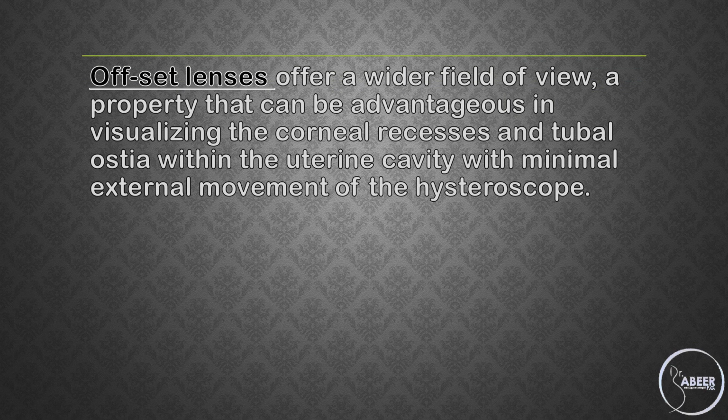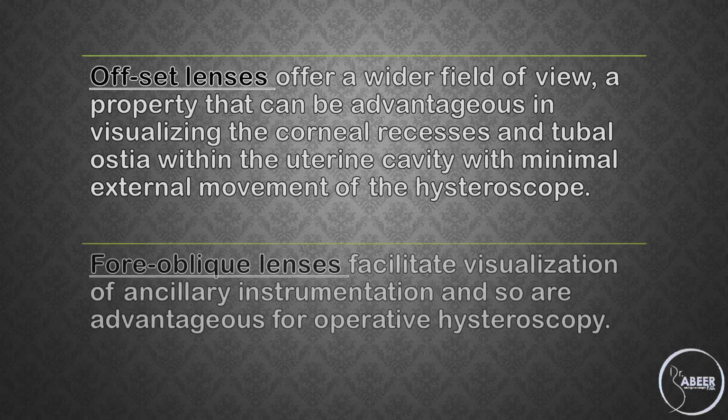Offset lenses offer a wider field of view, a property that can be advantageous in visualizing the cornual recesses and tubal ostia within the uterine cavity with minimal external movement of the hysteroscope.